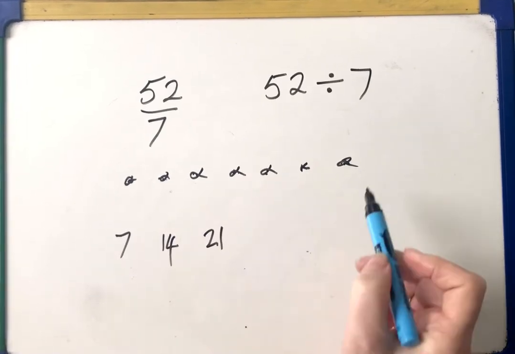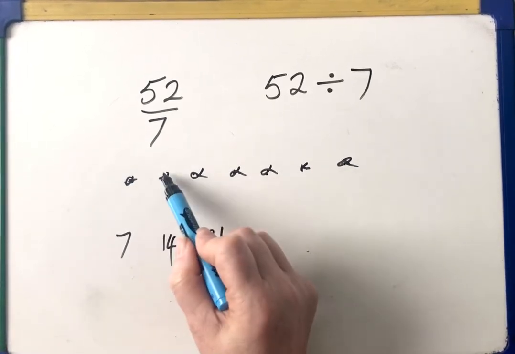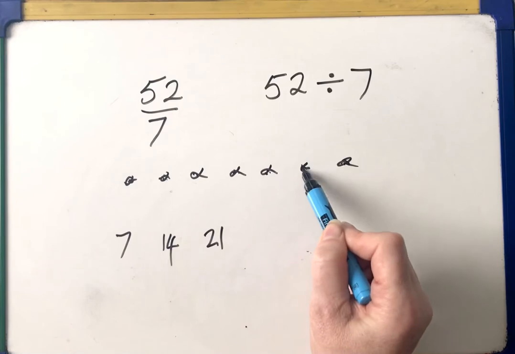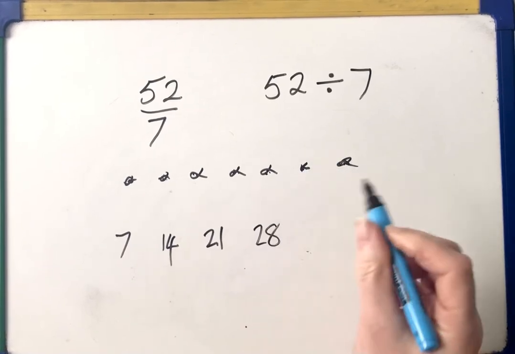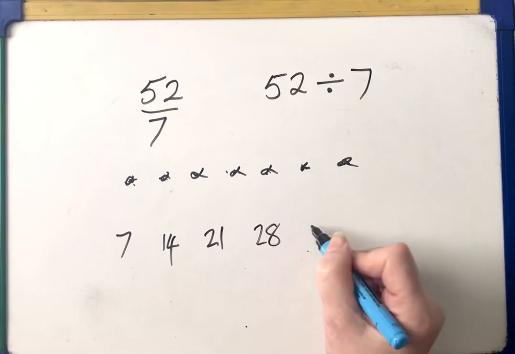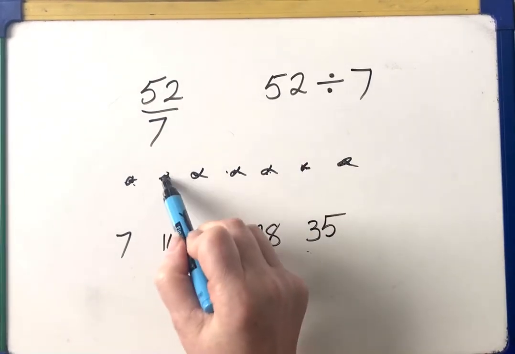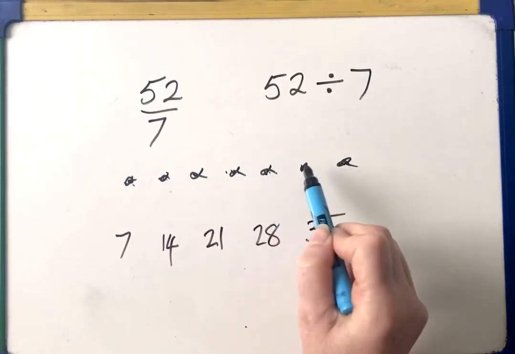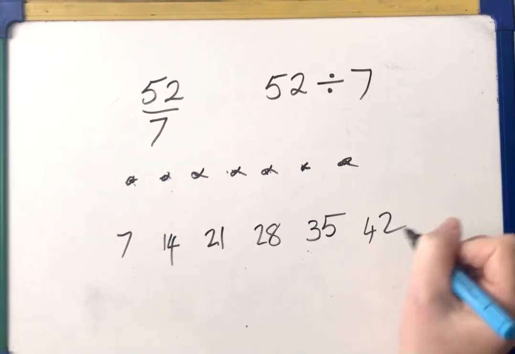So 3 7s are 21. 22, 23, 24, 25, 26, 27, 28. 29, 30, 31, 32, 33, 34, 35. 36, 37, 38, 39, 40, 41, 42.